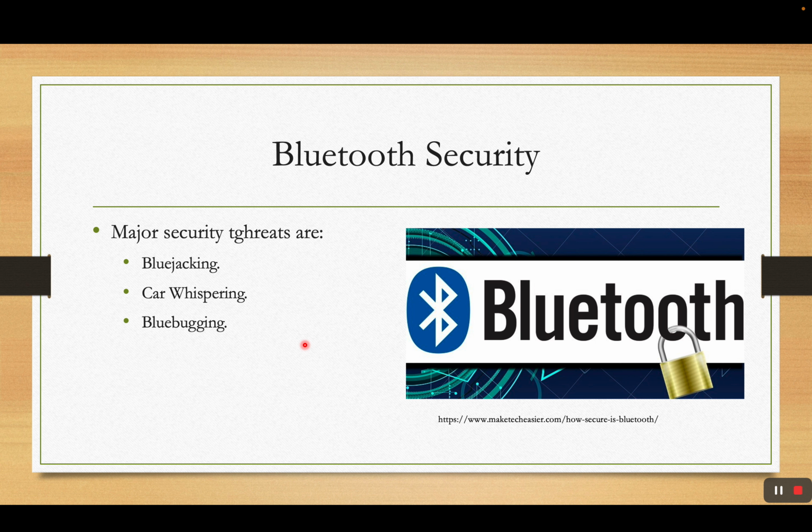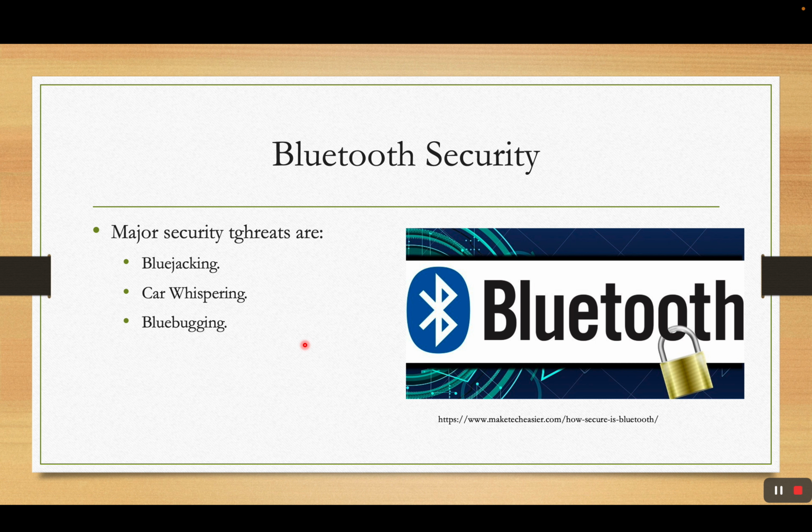Now, bluejacking refers to the practice of sending unsolicited messages or images to Bluetooth enabled devices without your permission. This can be done by exploiting the device discoverability or pairing mode, which allows it to be visible to other Bluetooth devices.